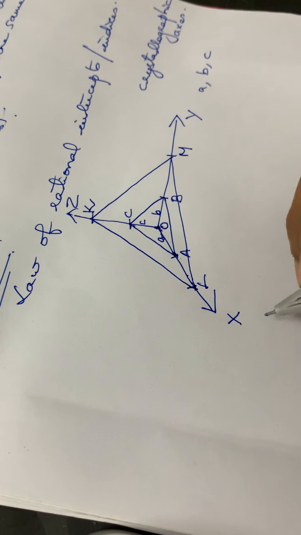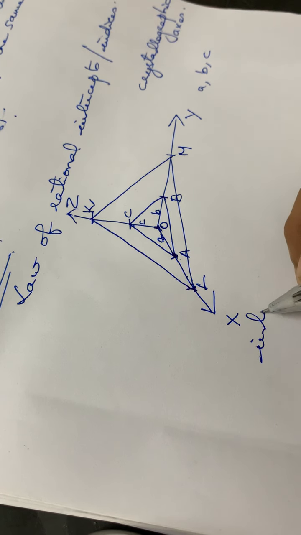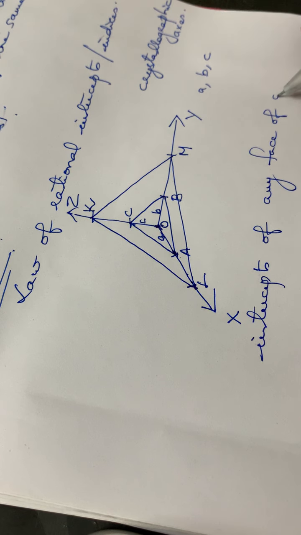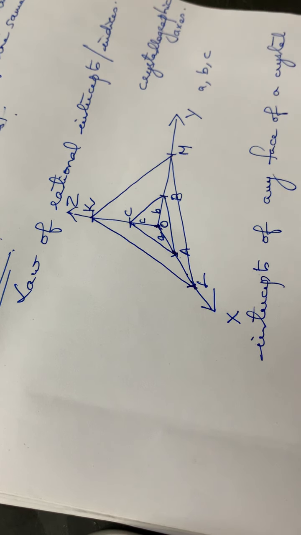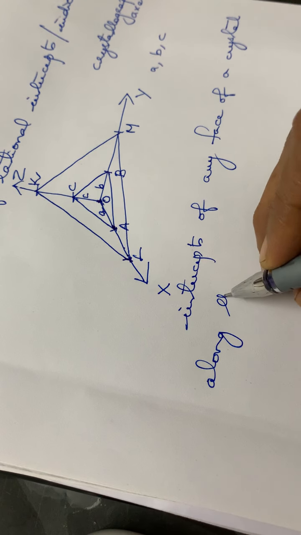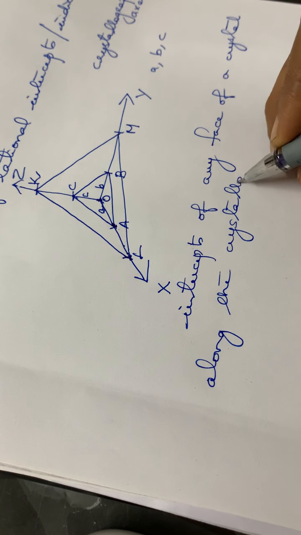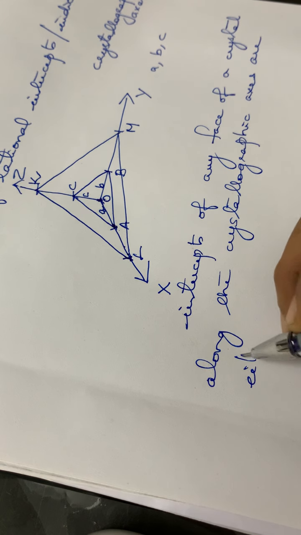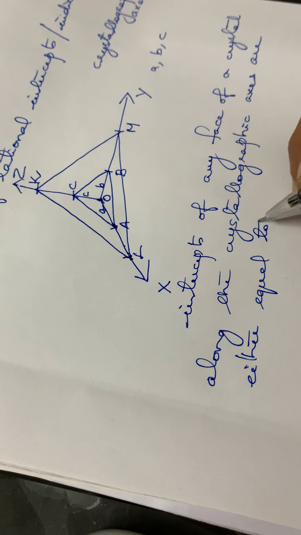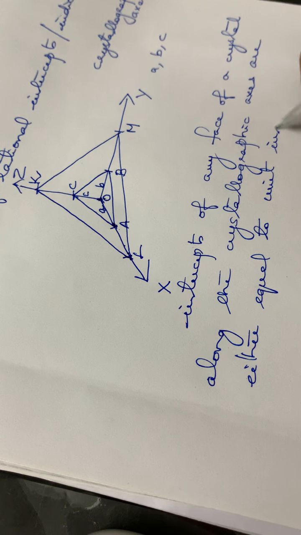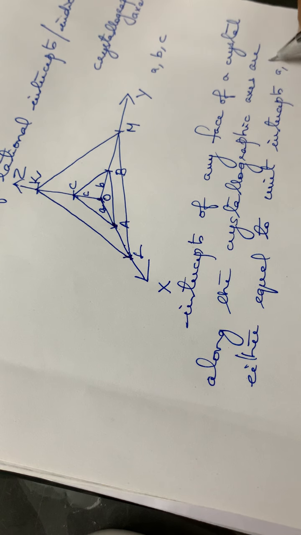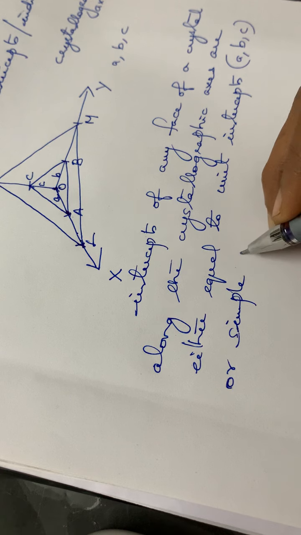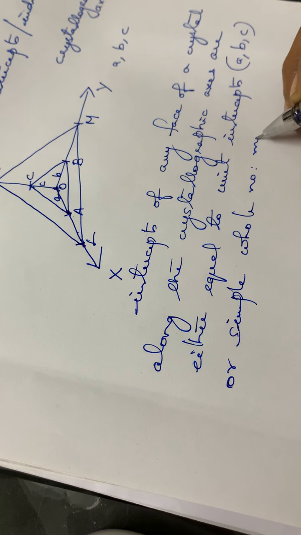So I am writing the law. This law states that the intercepts of any face of a crystal along the crystallographic axis are either equal to unit intercepts A, B or C, or simple whole number multiples of them.